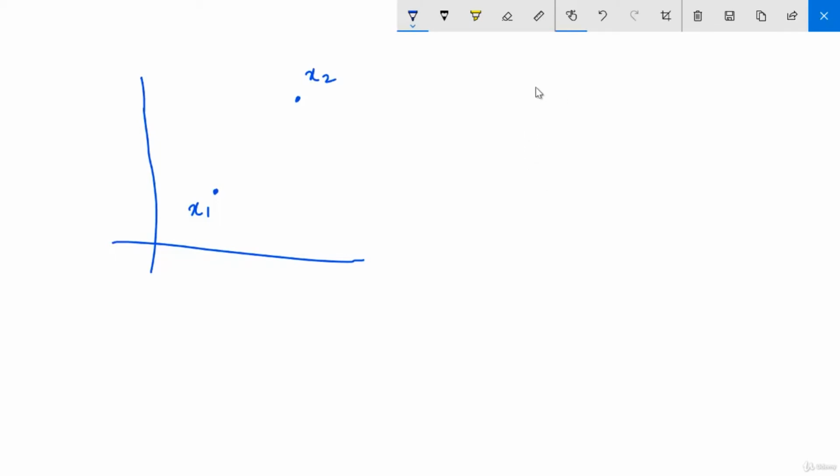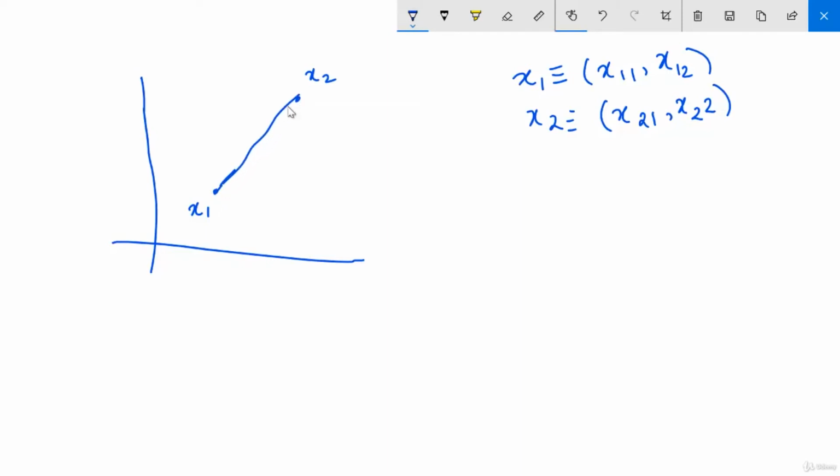Okay, so these 2 points are nothing but your x1 and x2. So let's say we have the coordinates of x1 as x11, x12. Don't be afraid, guys. This is nothing. And x21, x22. These are the given coordinates to us, and we want to find the distance between these two. This is the distance which I want to find, right?